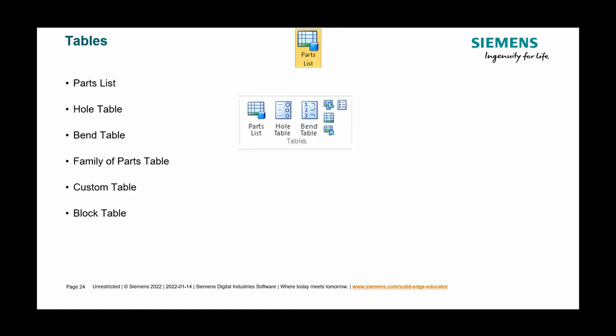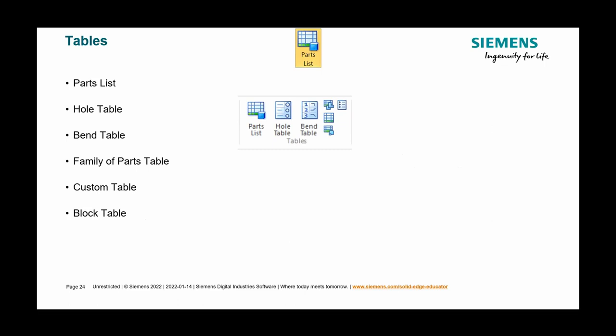And also in 2D drafting, we have different types of tables that can be placed in the drawings. For example, the parts list and other things like holes or bend tables, many other things. And these table commands automatically retrieve and display the information from the part or assembly document.